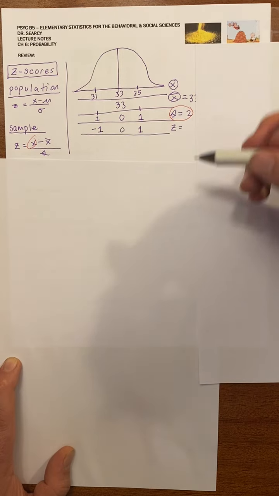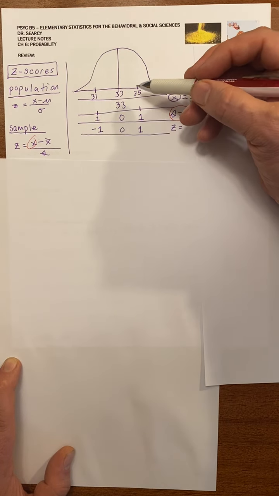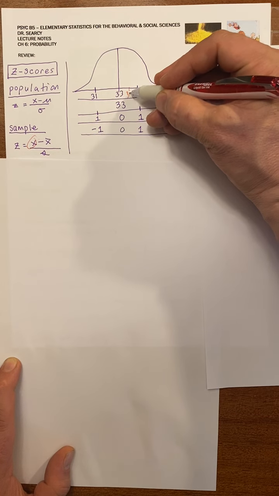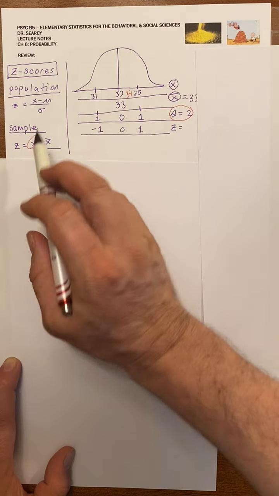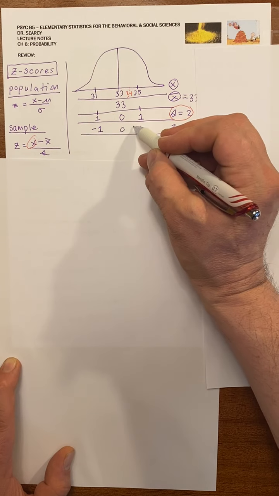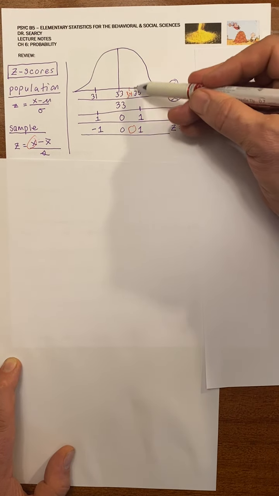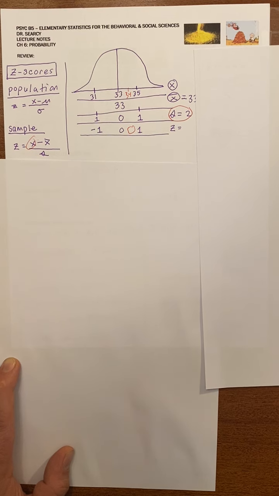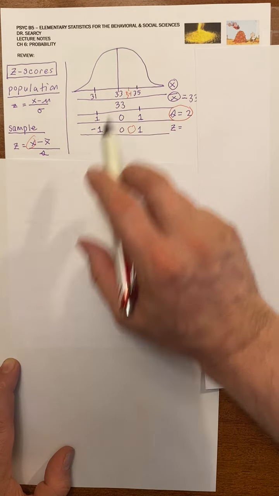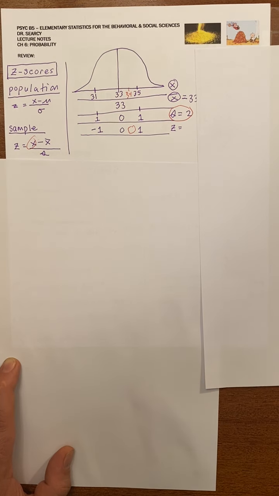For instance, in this case, what would be the z-score for maybe an x value of 34? We use the z equation to tell us exactly what z value would go right there underneath that 34. And with that, it gives us a sense of where any x value is in terms of z values.